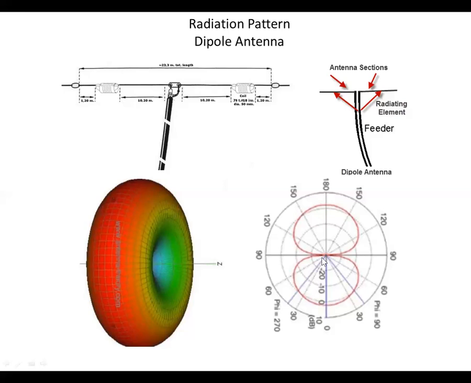Now, this is a null because it's a point where you don't have very much gain. You have very little, if any, signal going out in that direction. So if this antenna was pointed north and south, based on this theoretical radiation diagram, you wouldn't expect to be able, say, from where we're at now, to hit Florida and get signals down there.